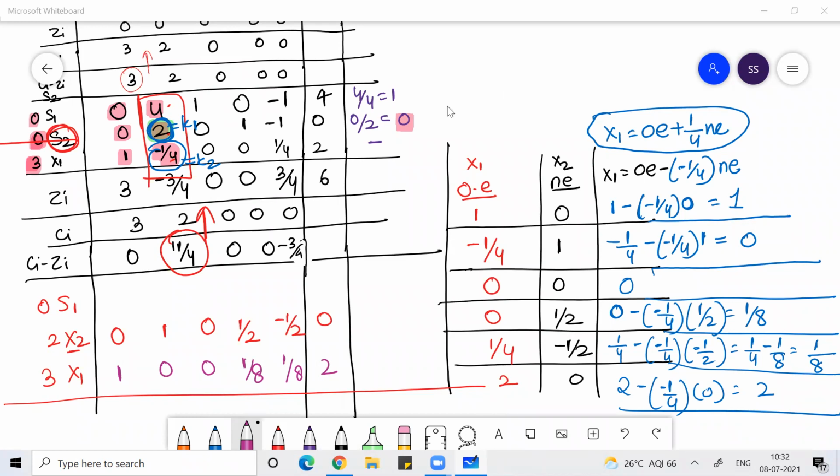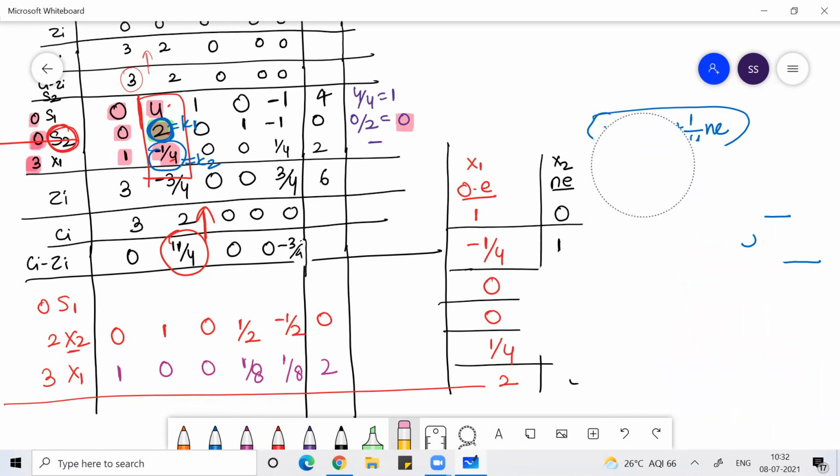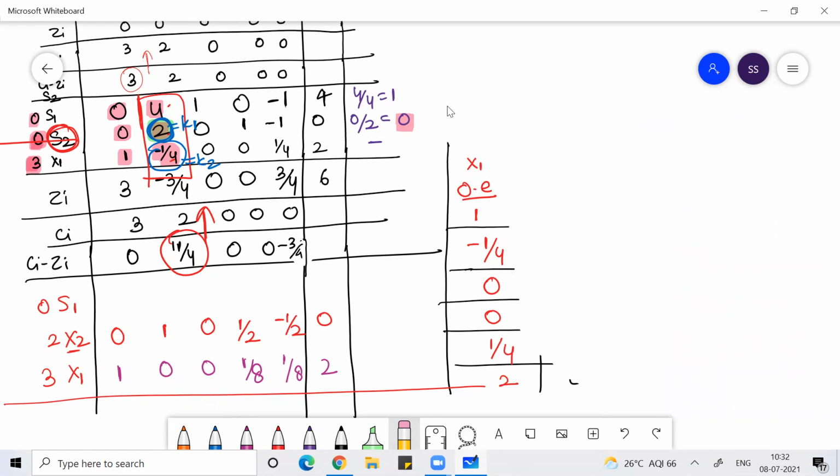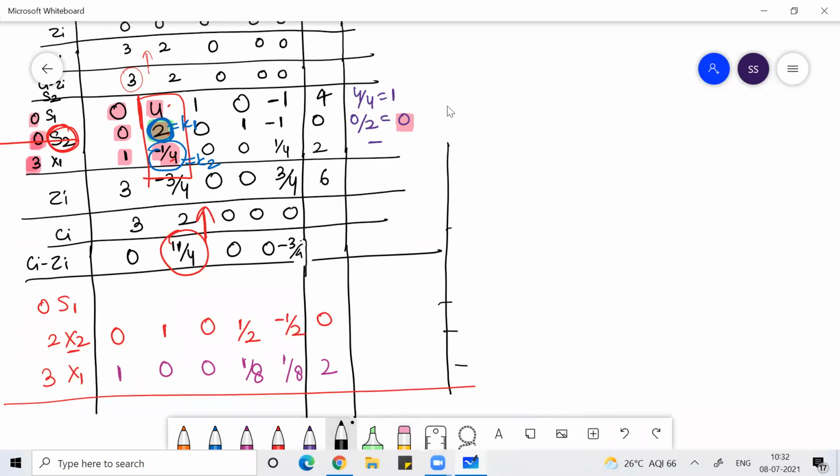So once we're done with this, now we can find the value of S1.